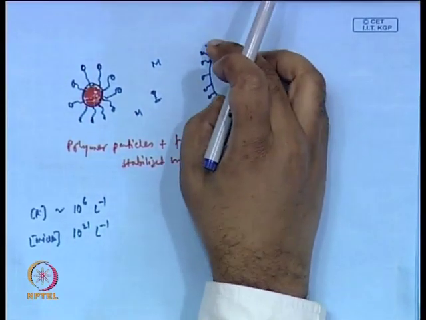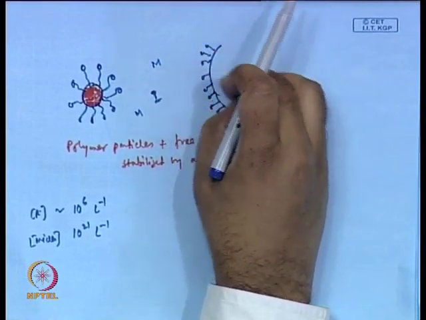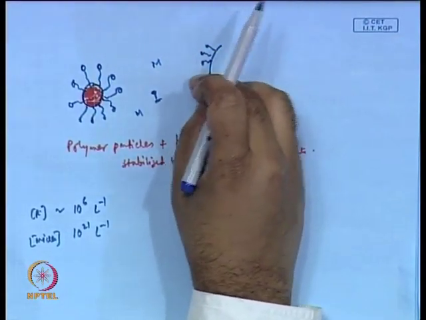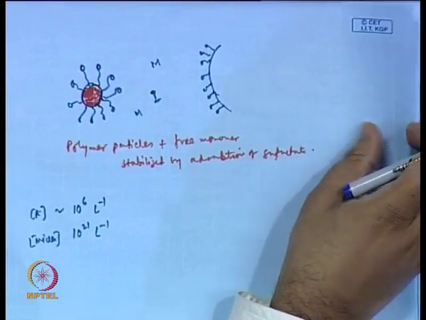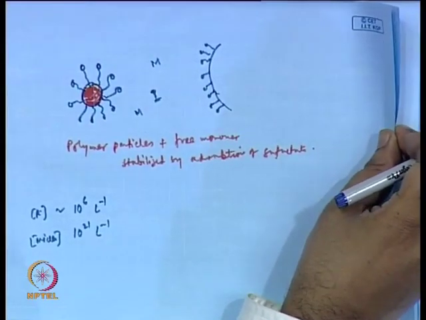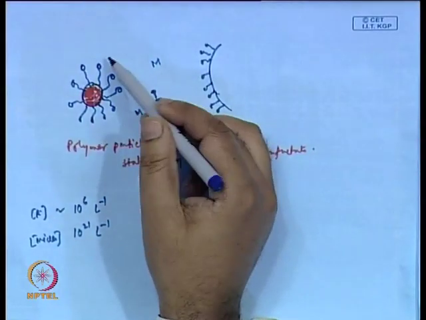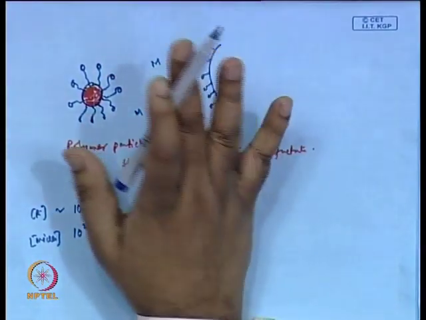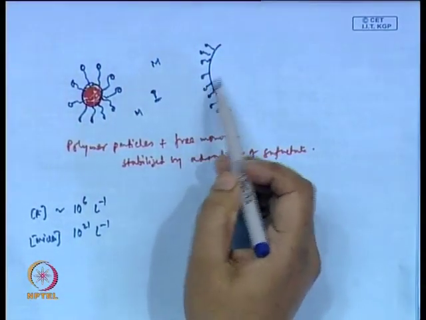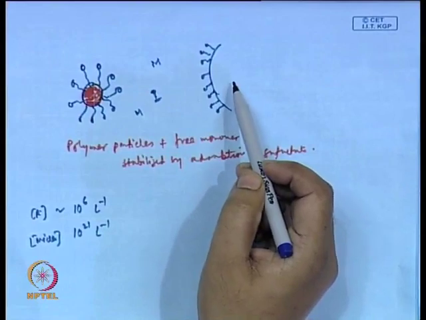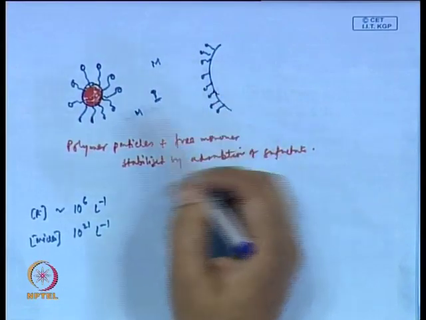So, the size of the monomer droplets is becoming smaller and smaller, and they will vanish at the end of stage 2. So, at the end of stage 2 you have only these particles, no free surfactant micelles, neither do you have free droplets.